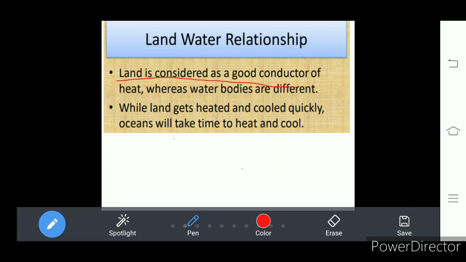So there is a difference in the absorption and release of heat by land and water bodies. When insolation is received at a land part and a water part, where do we find high temperature? That is at land, because it absorbs very fast. So here the temperature will be high.